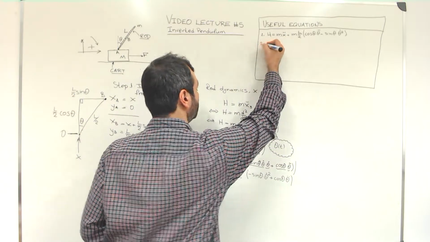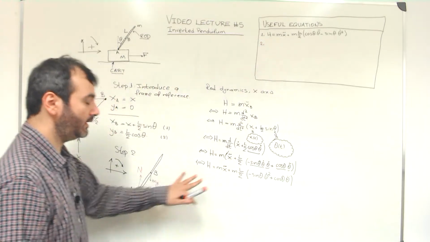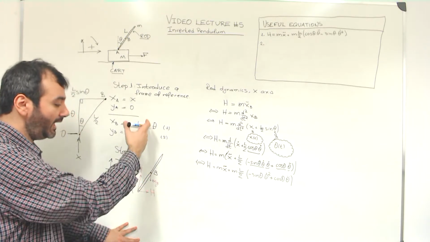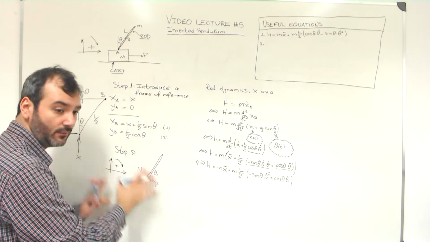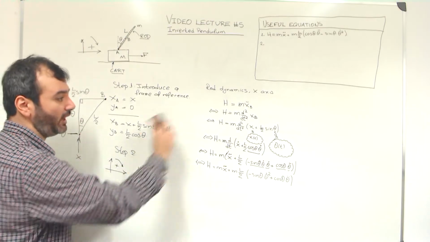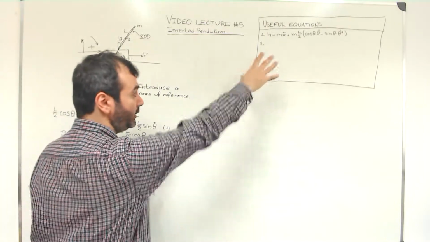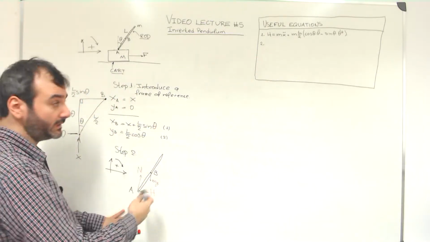We'll do more, and the next one will be derived by taking Newton's second law of motion along the y direction for the rod once again. So I will create some space on the whiteboard. We don't need this any longer, it is up there. So along the y direction.